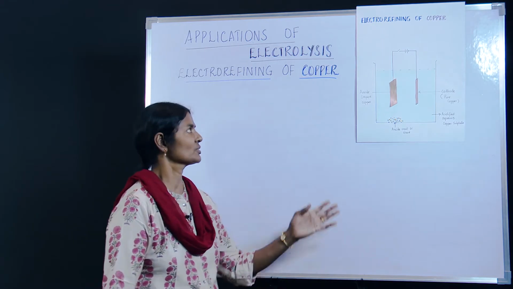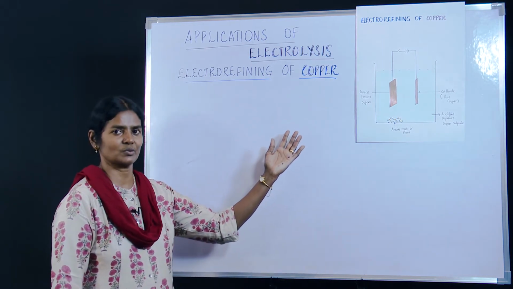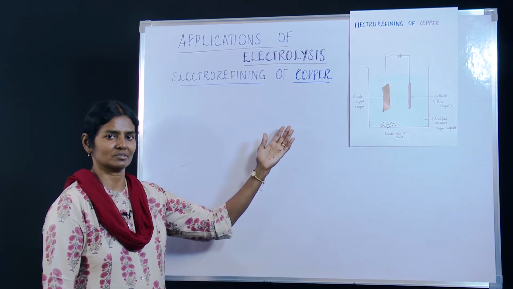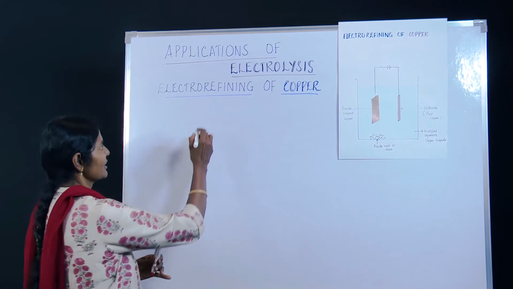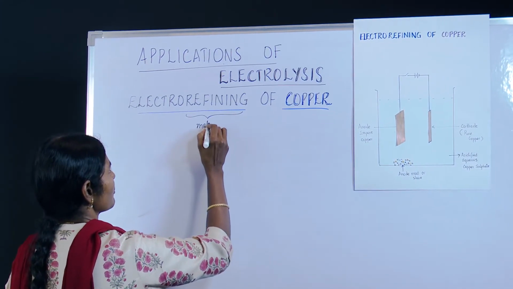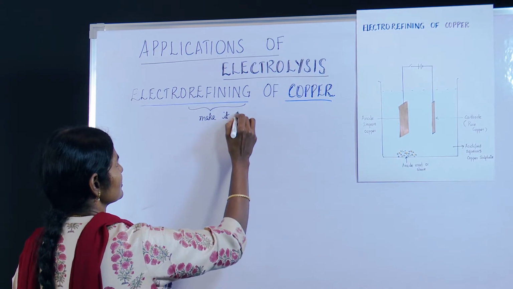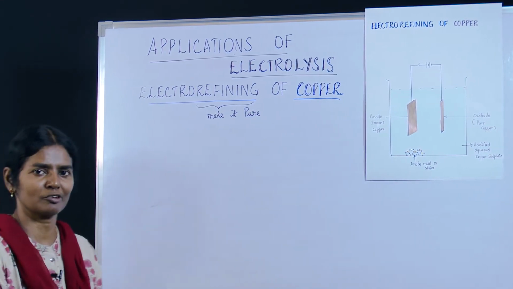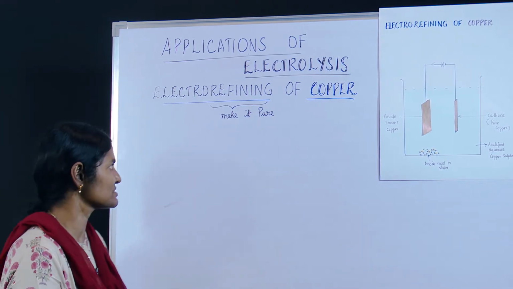Students, in this video we are going to see electro-refining of copper. The word refining means to make it pure. When you refine, you chop off all the unwanted things, then it becomes refined.